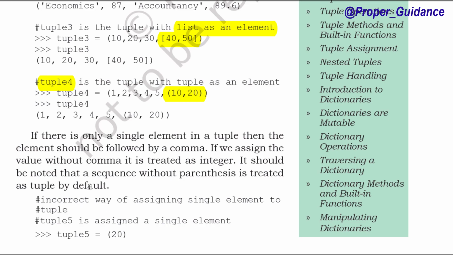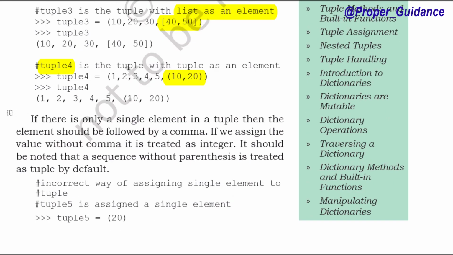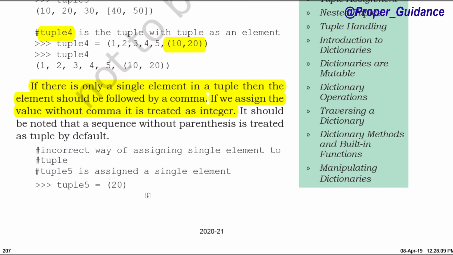After that, we can see here that if there is only a single element in a tuple, then the element should be followed by a comma. If we assign the value without a comma, it is treated as an integer. This is a very important point, that when we assign a value without a comma, it is treated as an integer. Okay, it should be noted that a sequence without parenthesis is treated as a tuple by default.